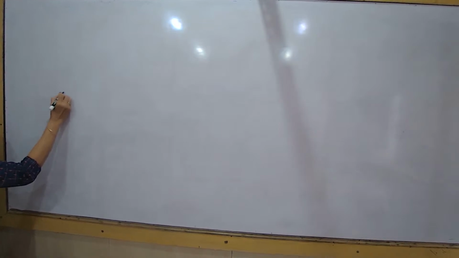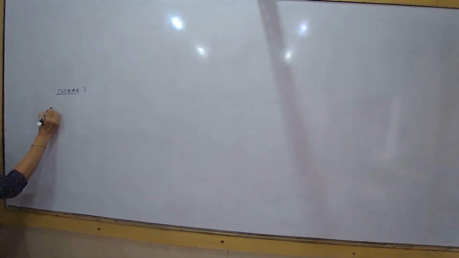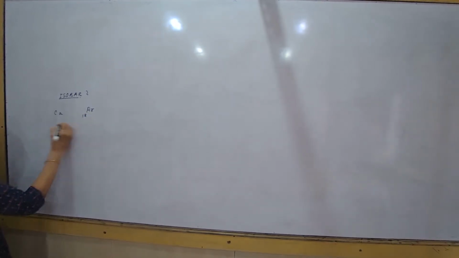Now, what is an isobar? We are giving you 2 different atoms. Look at the board: calcium and argon. Here is 18, what does it mean? Here is 20, what does it mean?